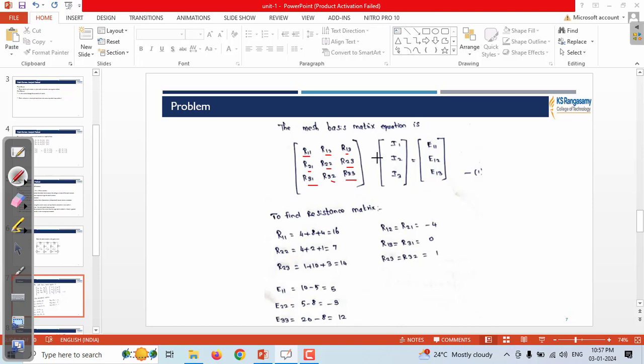Here R11 is the resistance in loop 1, R12 is the resistor common to loop 1 and 2, and R13 is the resistor common between loop 1 and 3. The resistance common between 2 and 1 is R21, and similarly for loop 2 and between 2 and 3.